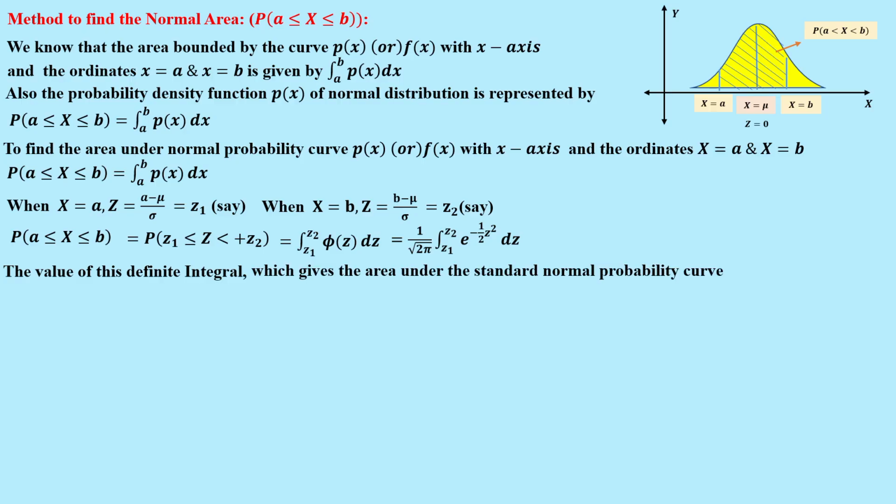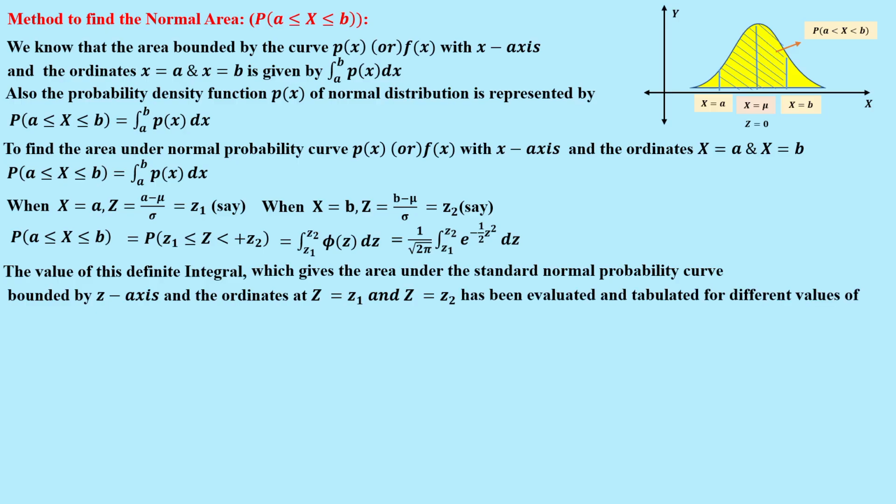The value of this definite integral, which gives the area under the standard normal probability curve, that is nothing but the area bounded by the ordinates z is equal to z1 and z is equal to z2, has been evaluated and tabulated for different values of z1 and z2 at intervals of 0.01 or 0.05. So we have the standard values of this already given in the normal probability table. That table is called the normal probability table.